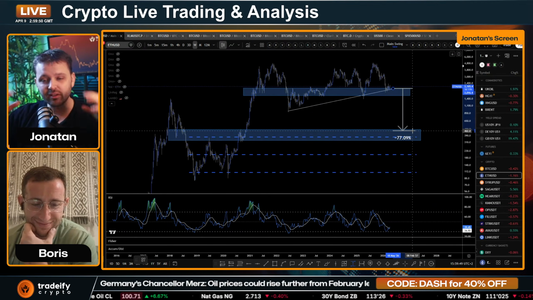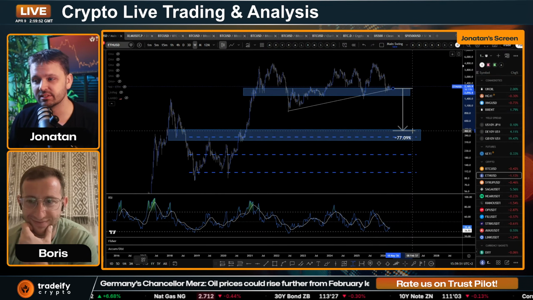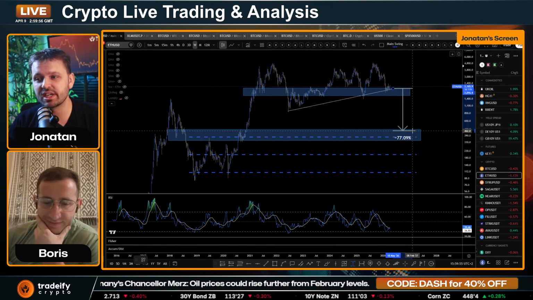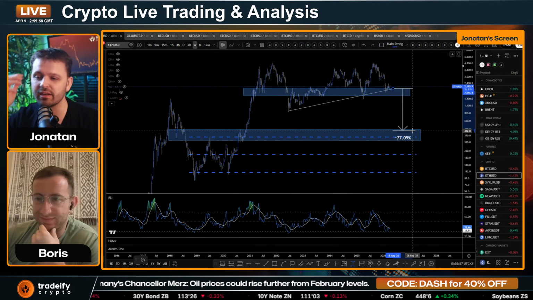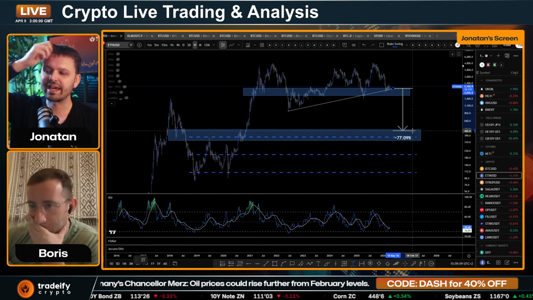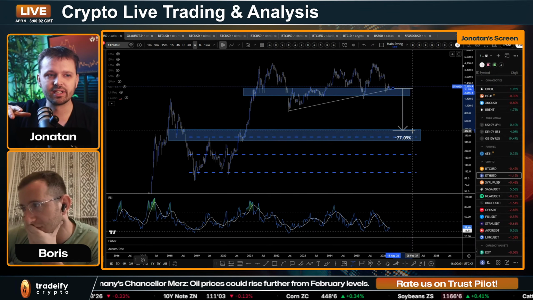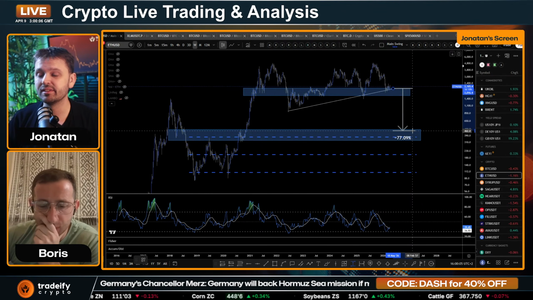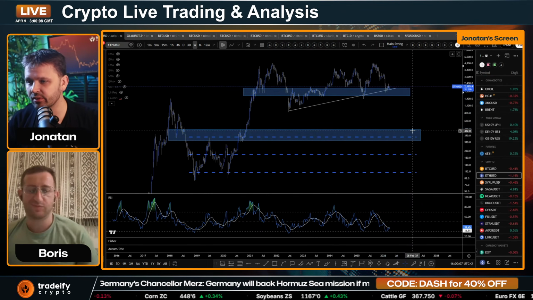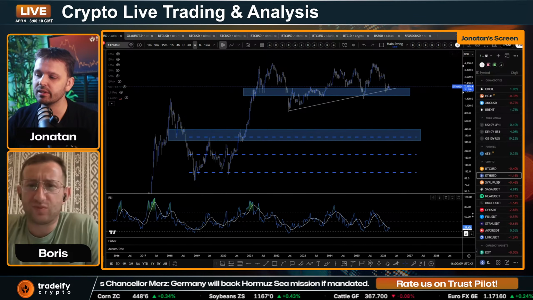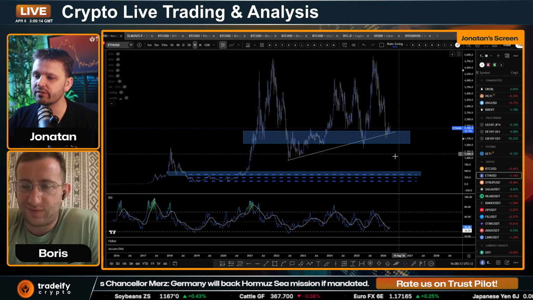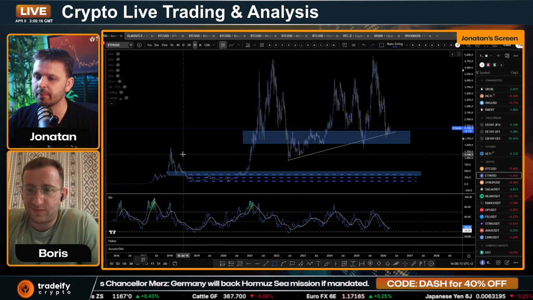Just looking at technicals here, and he's drawing this out. A 77% move to the downside seems extreme. I don't know if that's going to happen. I feel like that's just way too extreme. But if Bitcoin is going to break down, then why shouldn't Ethereum break down more?